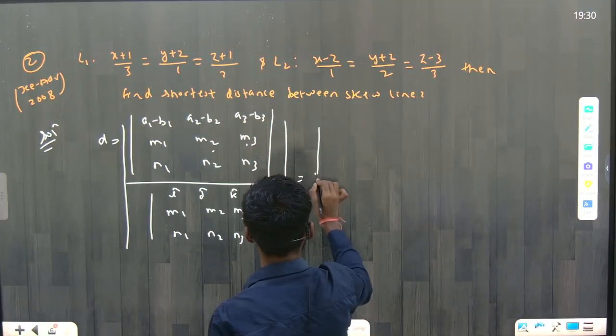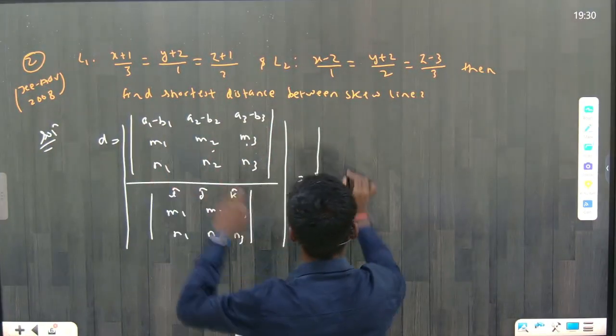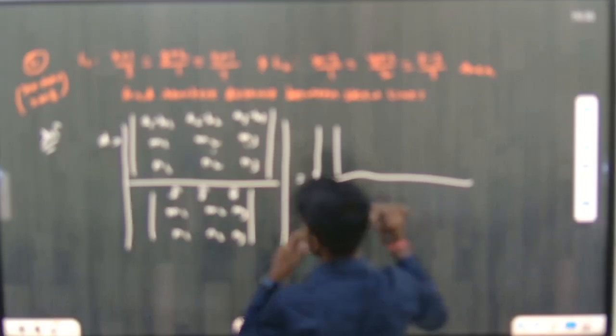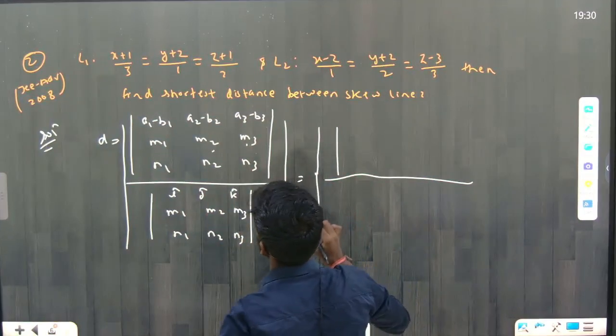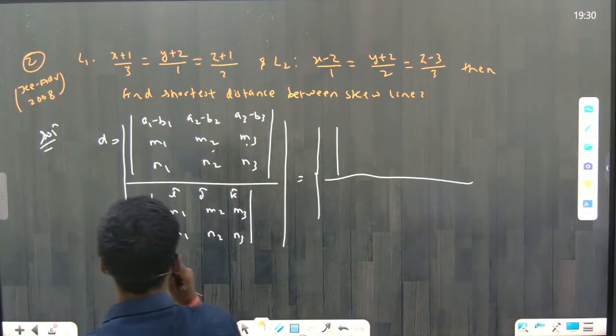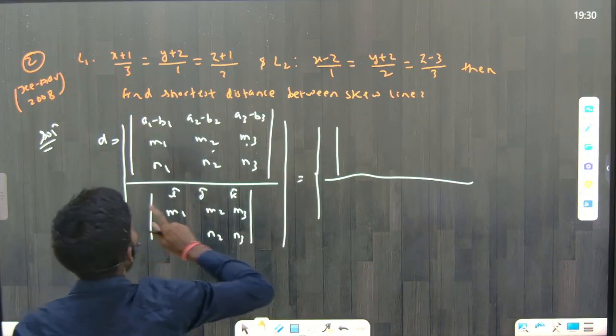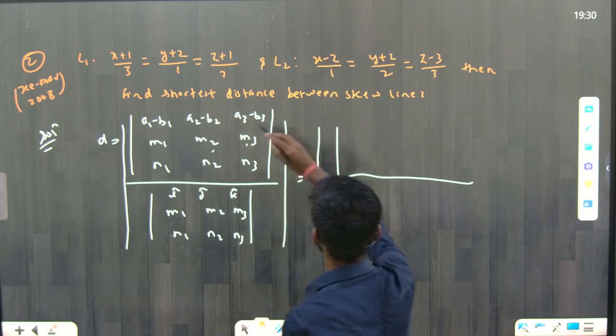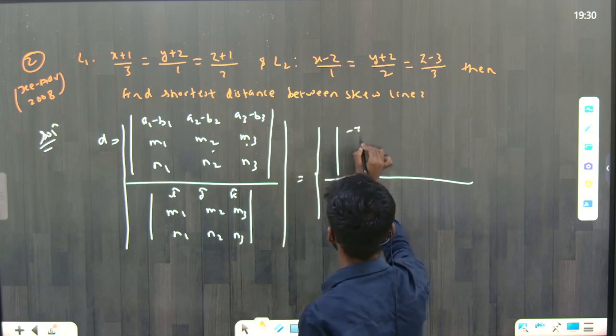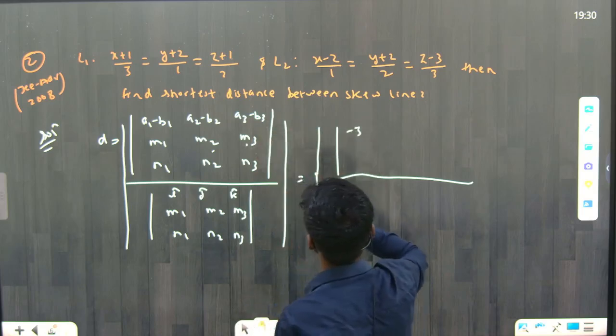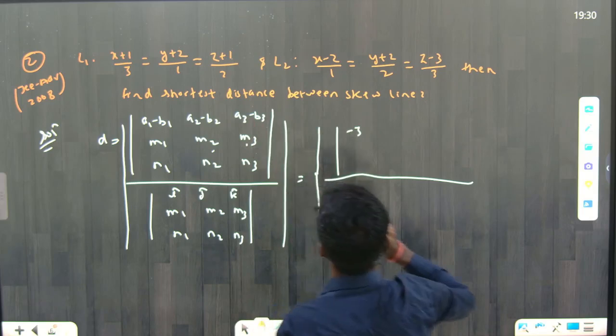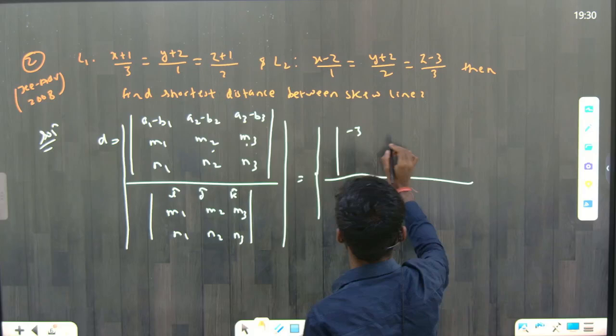Okay, a1 minus b1. First of all, writing in the general position. Actually, minus of minus 1, minus 1, minus 1, minus 3. Here it is minus 2, minus 2, 0.